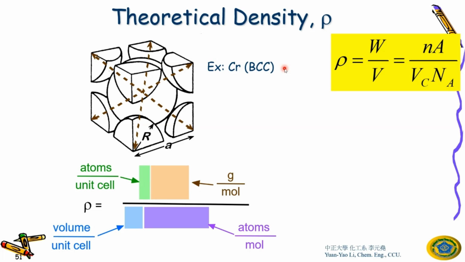And then I tell you the atomic weight of chromium is 52 grams per mole, and the radius of chromium is 0.125 nanometer. You will say, wow, Professor, how nice. I just put this information in this equation and I got an answer. That's right. So it's very easy.